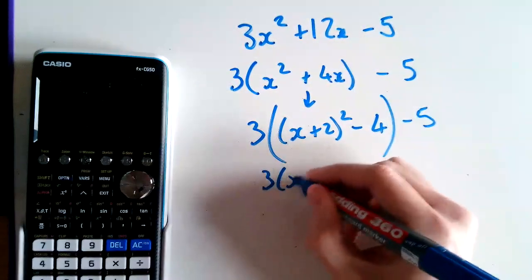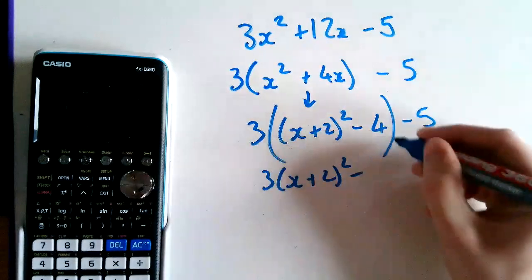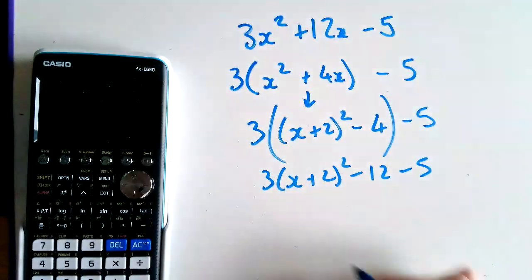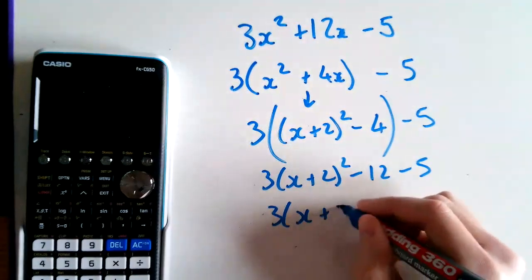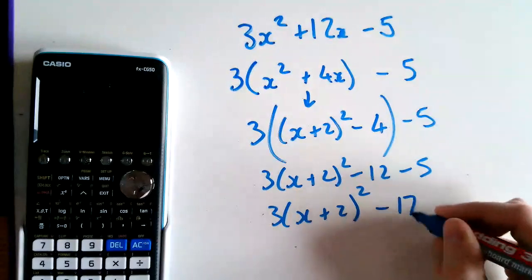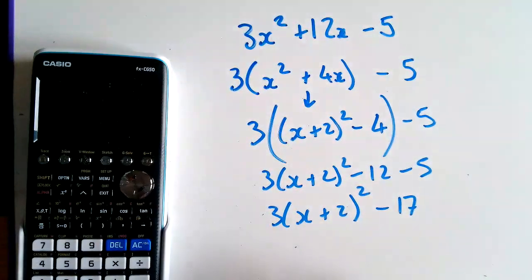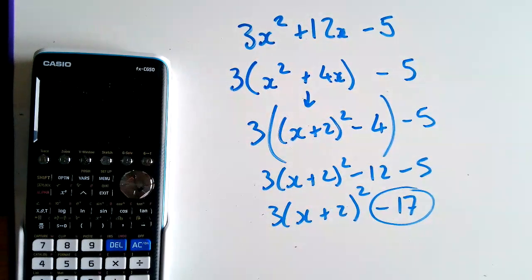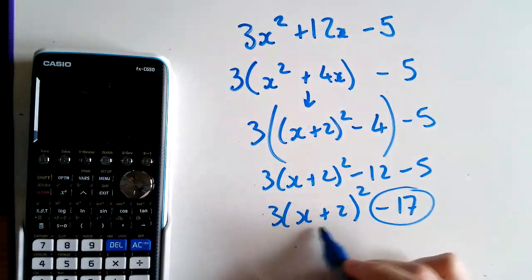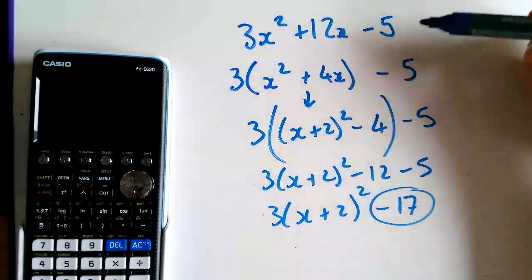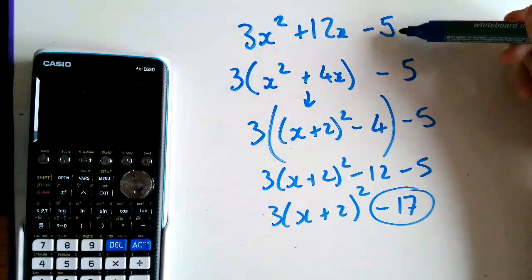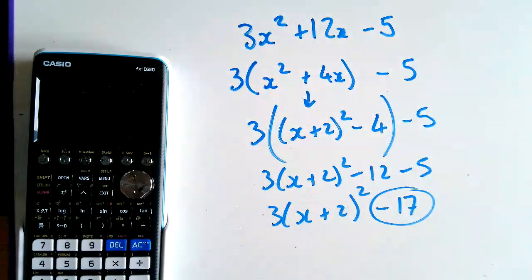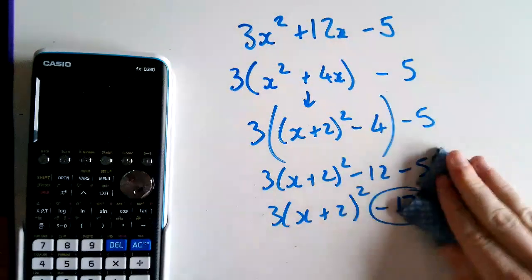I get 3 bracket x plus 2 squared, take away 12, take away 5, which gives me 3 bracket x plus 2 squared minus 17. So hence write down the minimum value. So the minimum value is minus 17, and that happens when x is minus 2. So no matter what x value I put in there, it's always going to be bigger than or equal to minus 17. That's going to be an important idea when we look at proof.